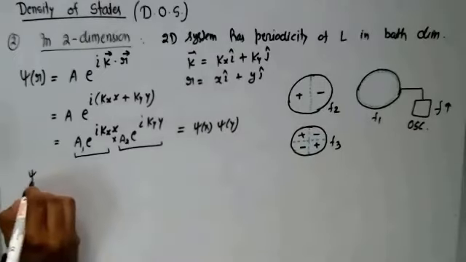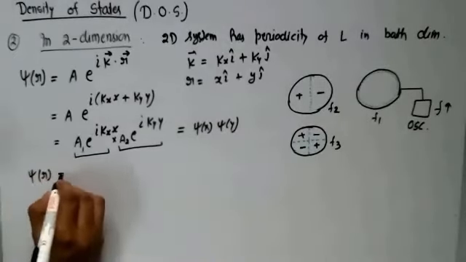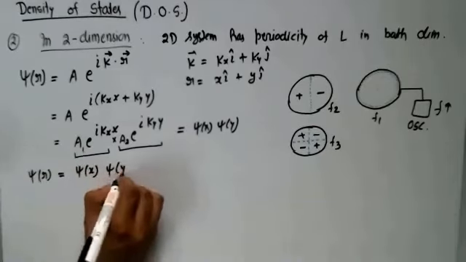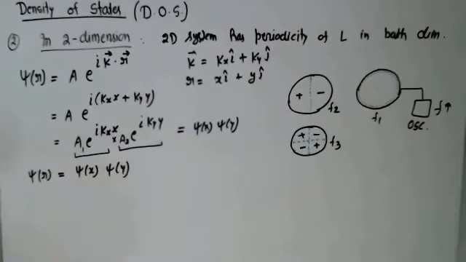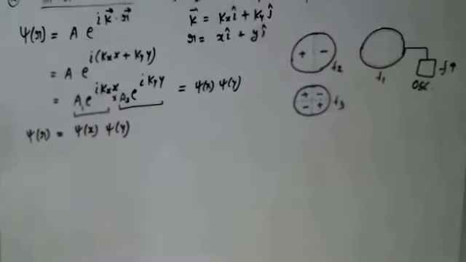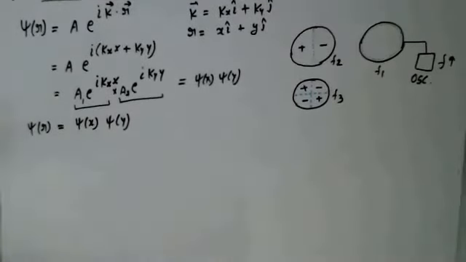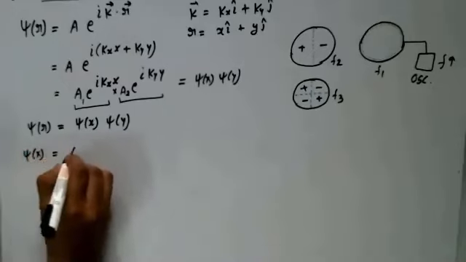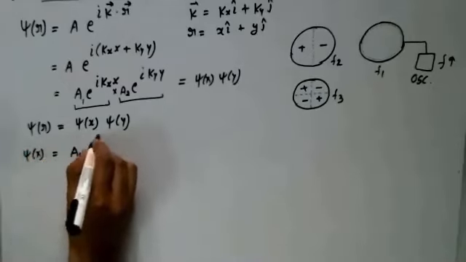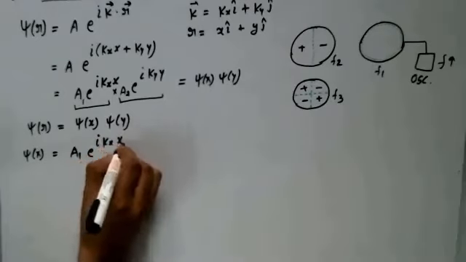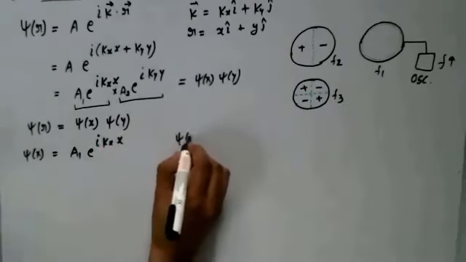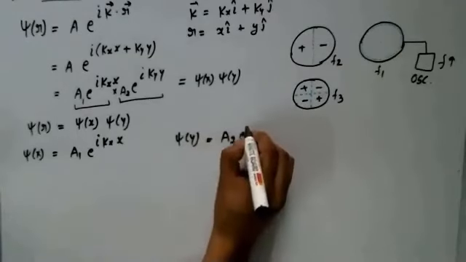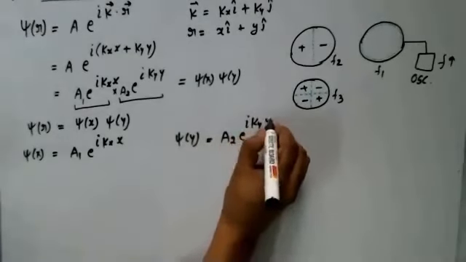So you see that सारे जो variables हैं उनको आपने separate कर लिया, so psi r is written like psi x and psi y, where psi x is nothing but a1 exponential iota kx times x, and psi y will be equal to a2 exponential iota ky times y.